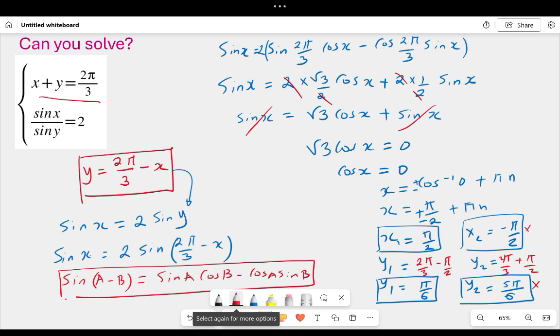So the true solution in the first quadrant alone is x1 and y1, which is pi over 2 and pi over 6.